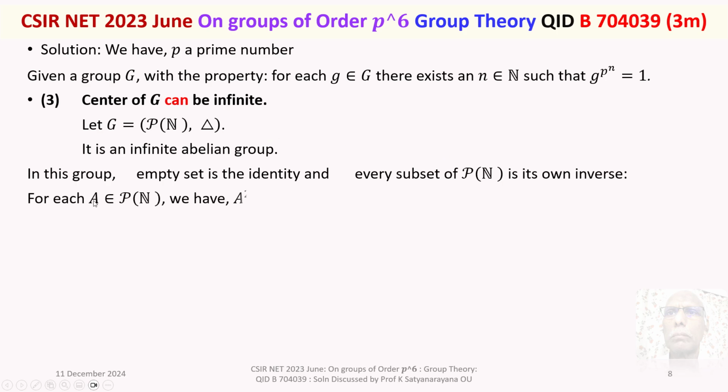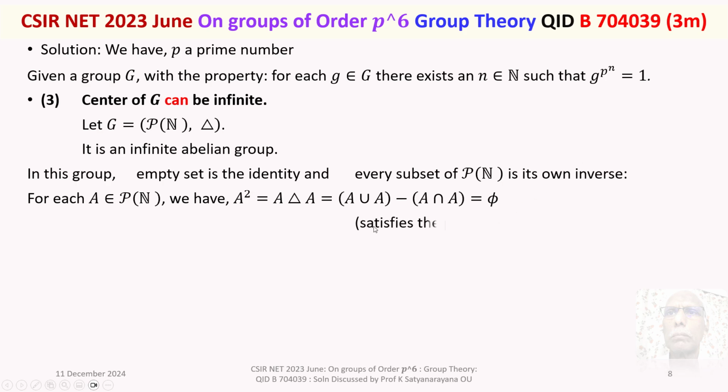Now, for each A belonging to the power set of N, we have A square equal to A delta A, which is A union A minus A intersection A. That is, A minus A is the empty set. Here the empty set is the identity. That is, A power 2 is the identity, so 2 is the prime number.